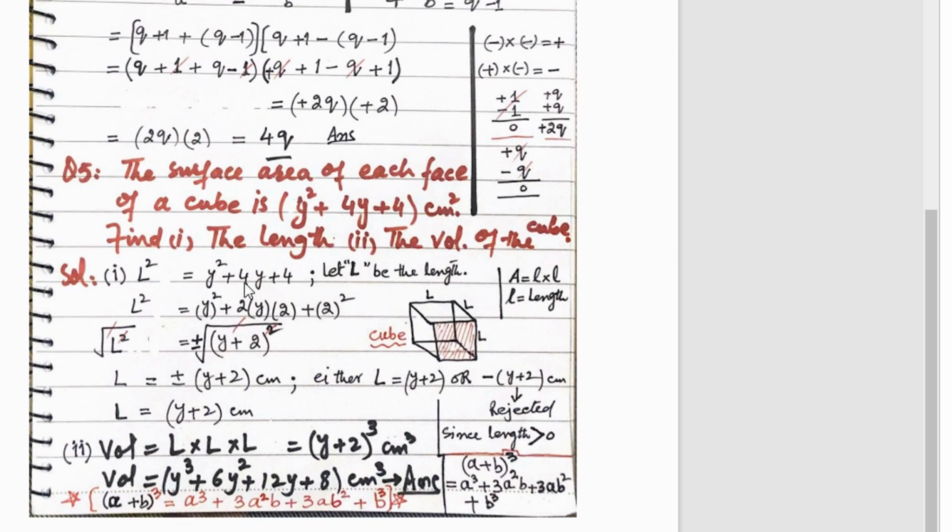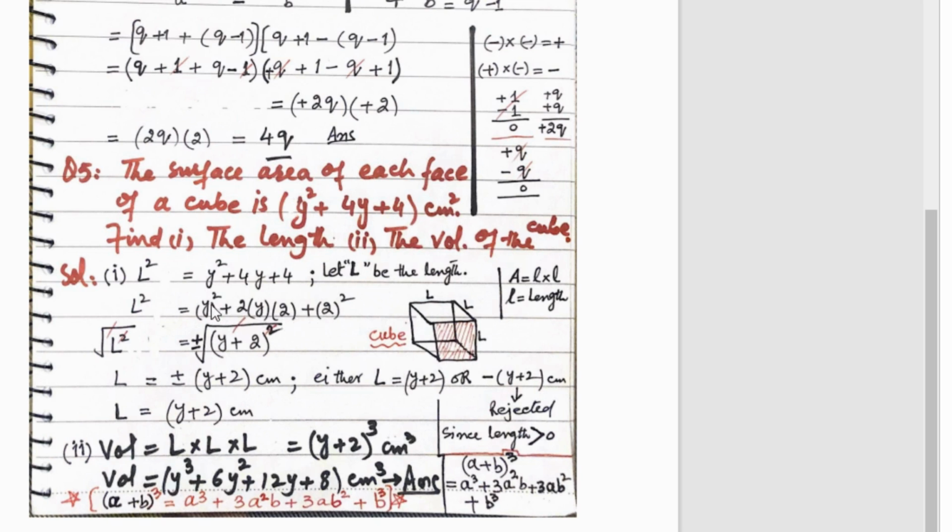So when we break 4y, it would be broken in the form of 2 into y into 2. This is read as 2ab because in the first identity, a plus b whole square is equal to a square plus 2ab plus b square. This is the right side of the first identity.